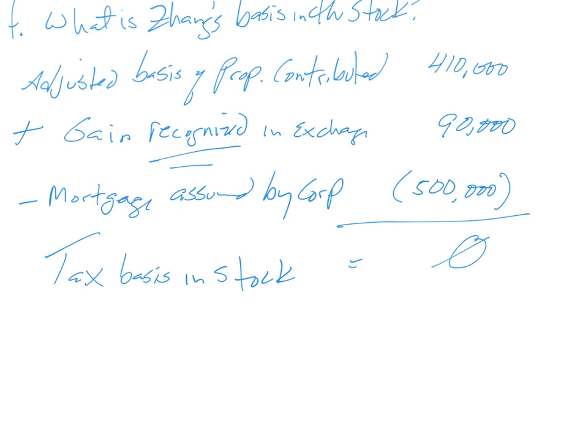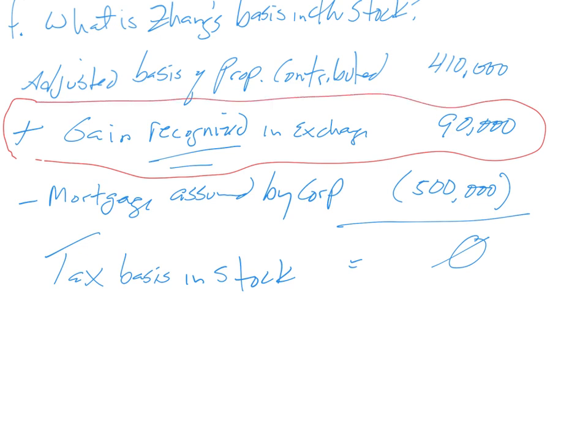Okay? And so the big takeaway from this part is, remember that when you have a recognized gain in the exchange, that works to increase your basis in the stock. Okay?